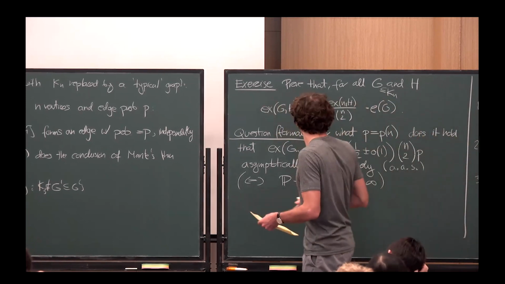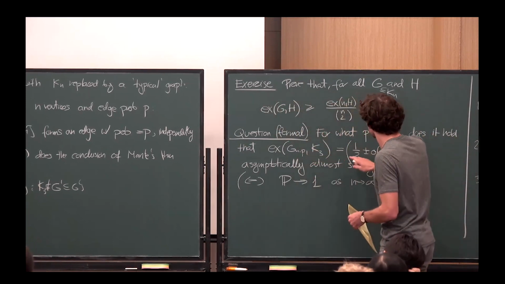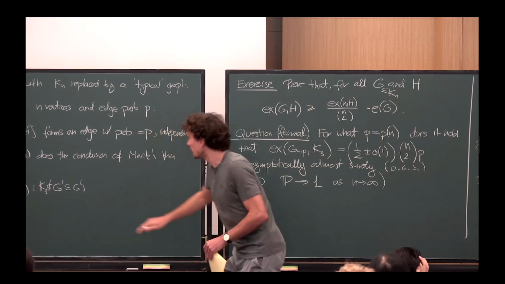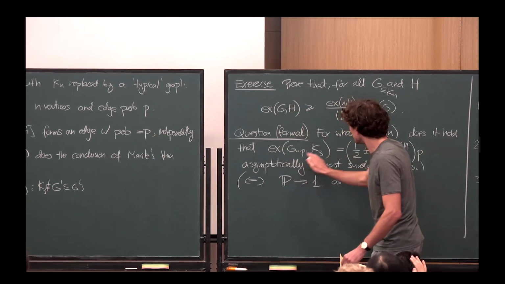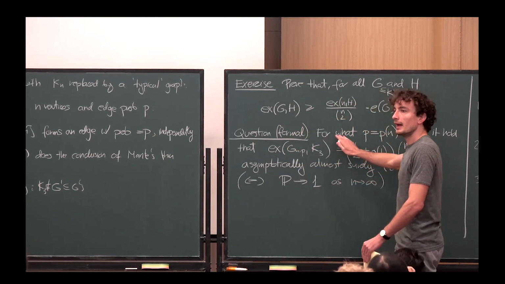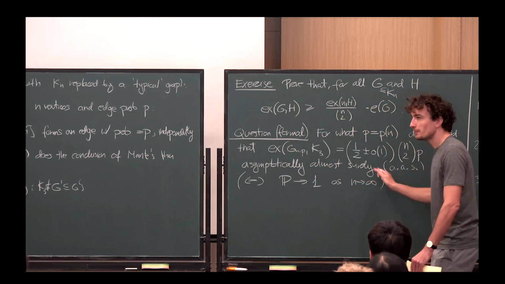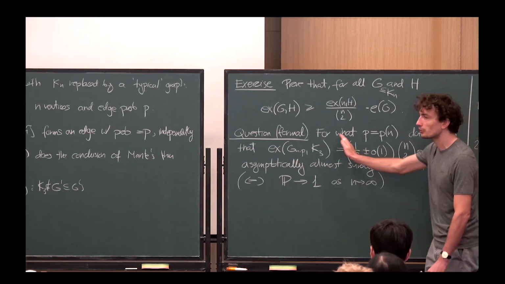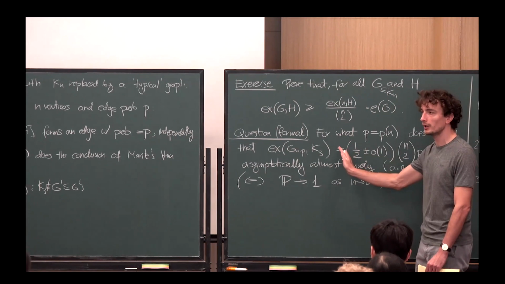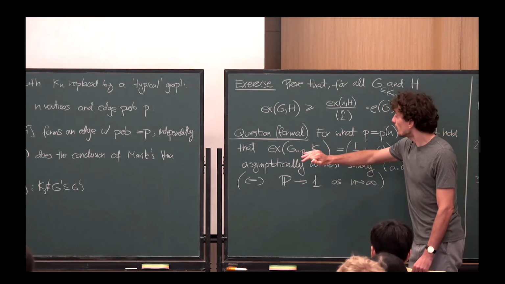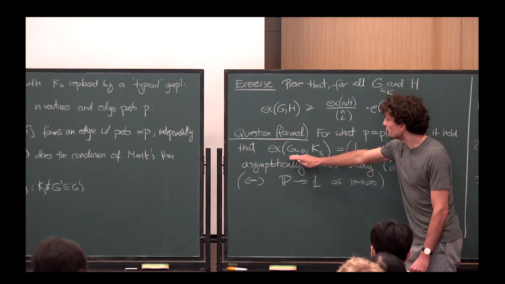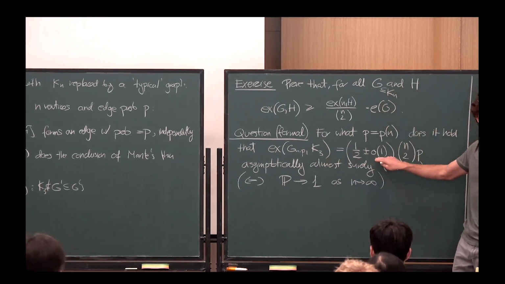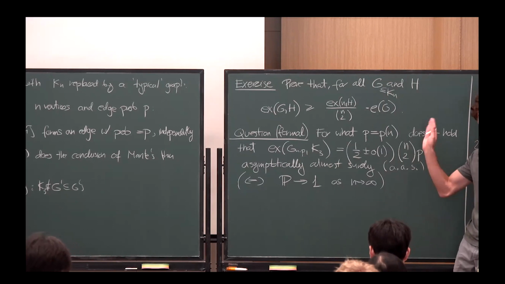Which means that given this observation, we know that this is always at least half of the number of edges of G(n,p), which is at least roughly half of the expected number of edges. So one of these inequalities we get for free, and the question becomes, for what p does G(n,p) not contain a triangle-free subgraph which is substantially larger than half of this number of edges? So this is the real question.